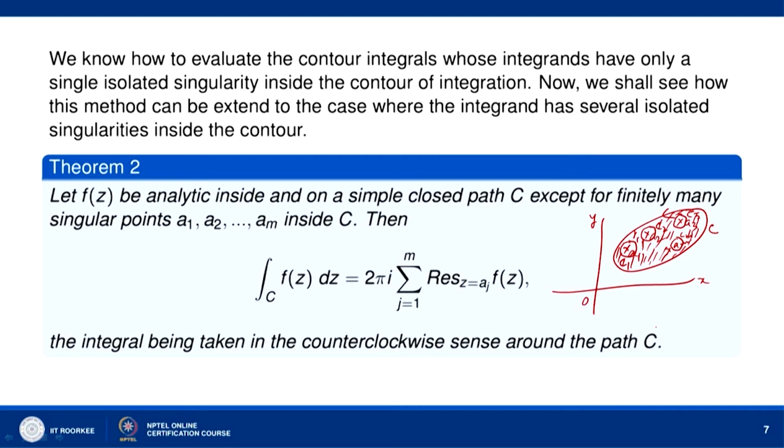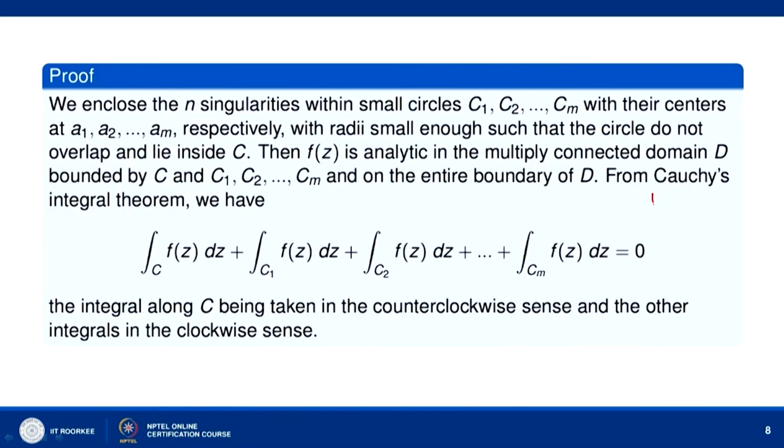Let us draw another figure. This is your C. This is A1, this is A2, this is A3 and this is Am, let us say. We draw small circles centered at these points.